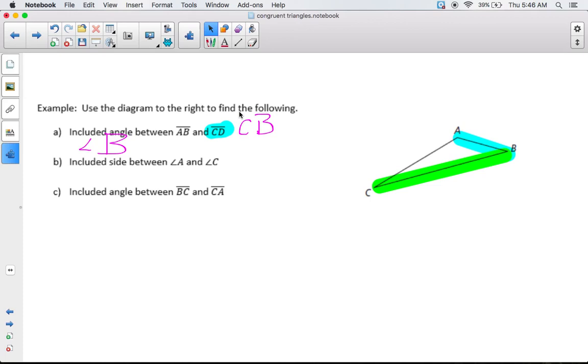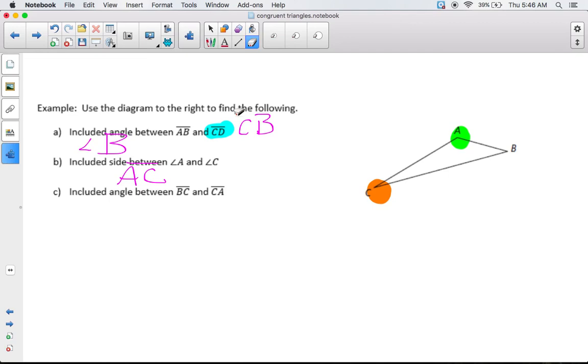Now, let me try it again. What side is in between angle A, so here's angle A, and angle C, and here's angle C? The side that is in between it would be side AC.